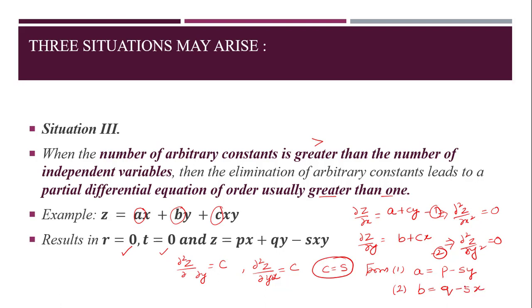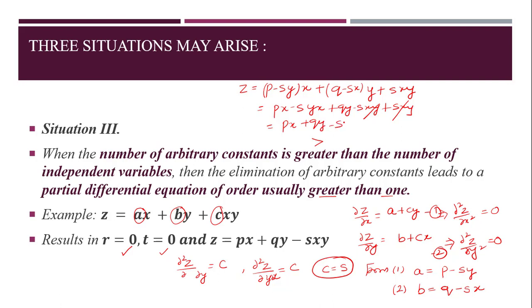Now if I substitute the values of a, b and c in the main equation, z is equal to ax plus by plus cxy. I have substituted p minus sy as a, b as q minus sx, and c as s. Now if I simplify it, it will be px minus syx, plus qy minus sxy, plus sxy. It will give me px plus qy minus sxy, and this is what we got as z.